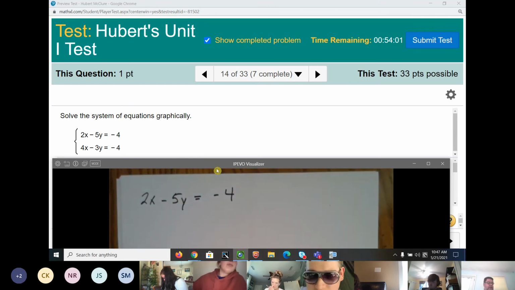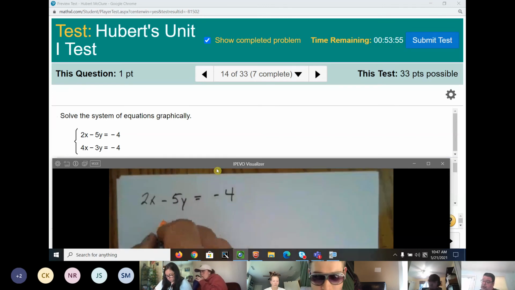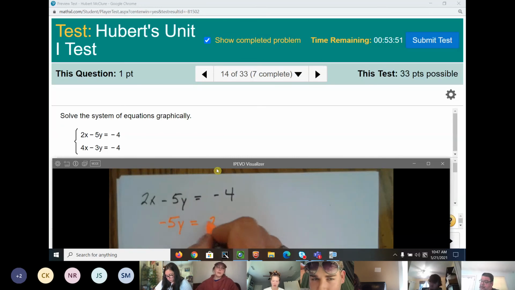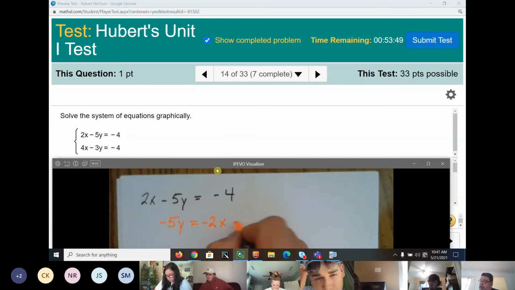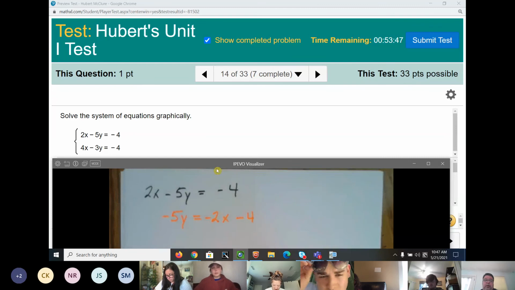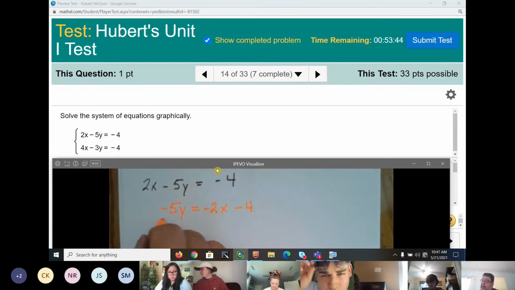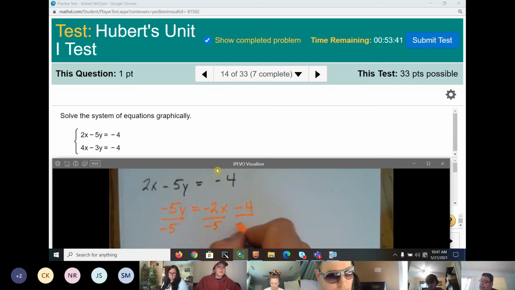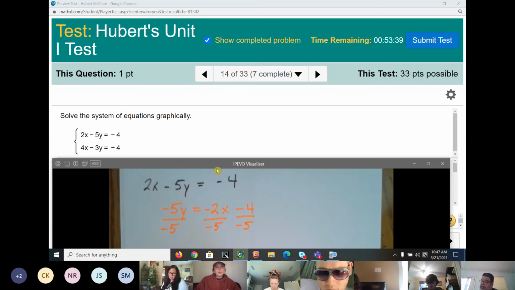And we're going to do that in orange. So -5y is equal to -2x minus 4, and divided by -5. Y is equal to 2/5 x plus 4/5.